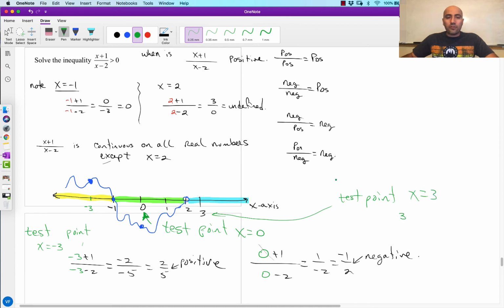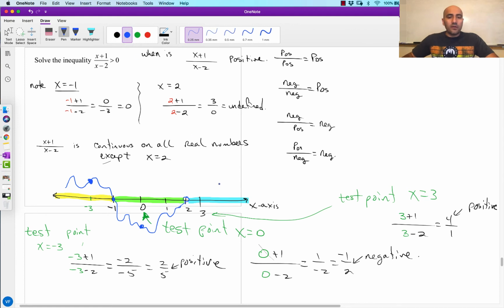So we'll end up with 3 plus 1 divided by 3 minus 2, which turns into 4 divided by 1, which is a positive number. And that's all that matters.